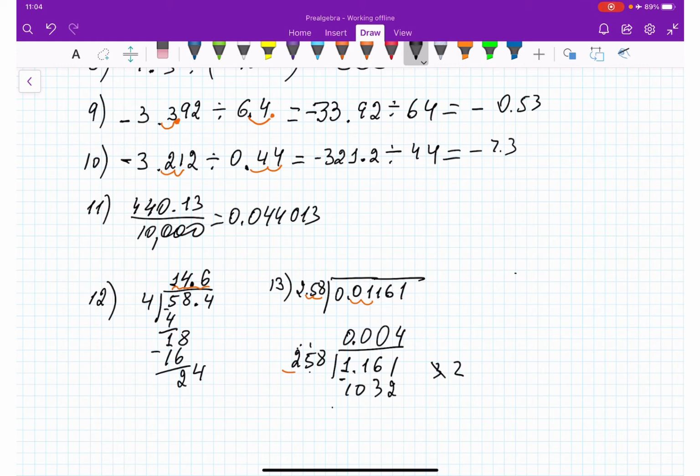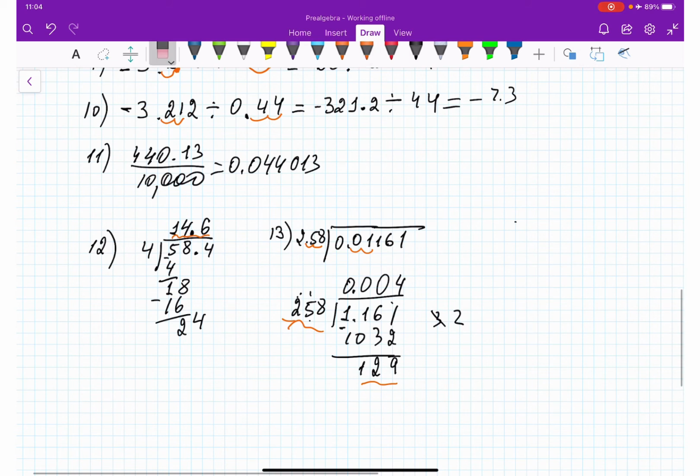Okay? And if we subtract, 11 minus 2 is 9. 5 minus 3 is 2. 1 minus 0 is 1. And that's it. So I'm bringing down 0. See, 129 is less than 258. Right? Which means we took enough times, 4 times.